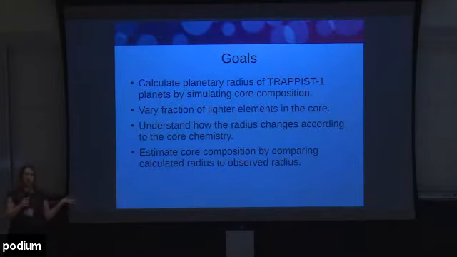In this case, we specifically varied the fraction of oxygen in the core of each of the planets, holding the masses constant and then backing out, given this composition, what's the radius for each of these planets? And then how does that radius compare to the actual radius that we know? The idea is that if we can match the radius that each of these planets actually has, then the composition that yields that radius is most likely the composition of the planet's core.